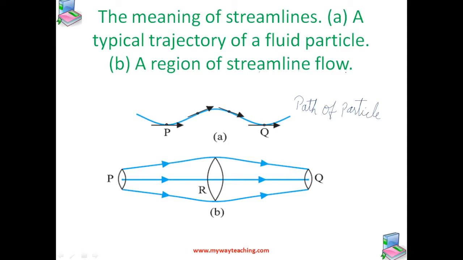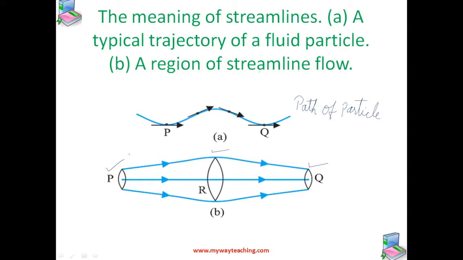Okay, consider the planes which are perpendicular to the direction of fluid flow at three points, that is at points P, R and Q, as you can see in the figure. So here we consider one plane perpendicular to the fluid flow at P, and the plane at R and the plane at Q. The planes are so chosen that their boundaries are determined by the same set of streamlines.